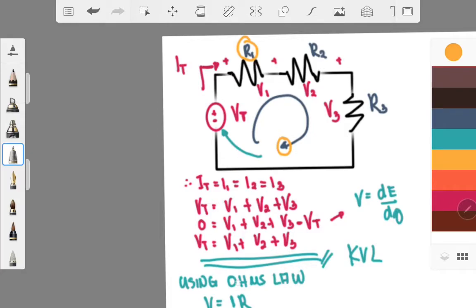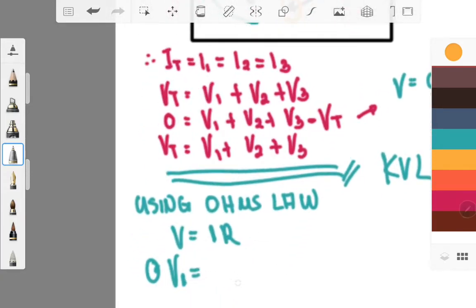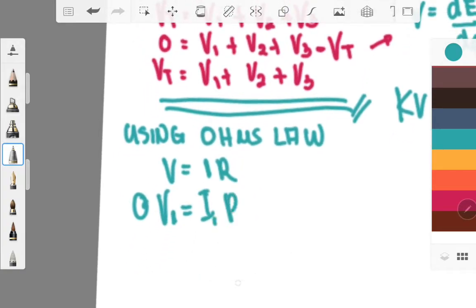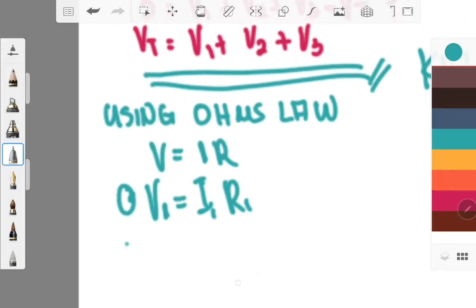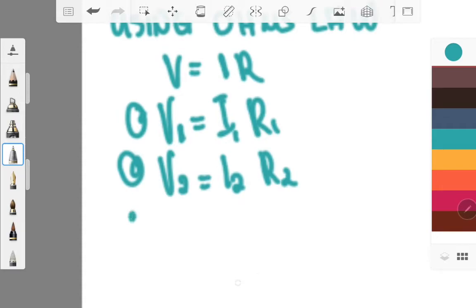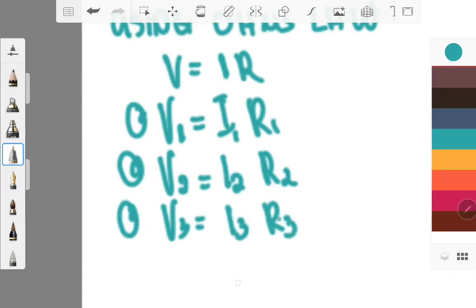So I1 multiplied by your R1, at V2, you have your I2 multiplied by your R2, and at V3 you have your I3 multiplied by your R3.